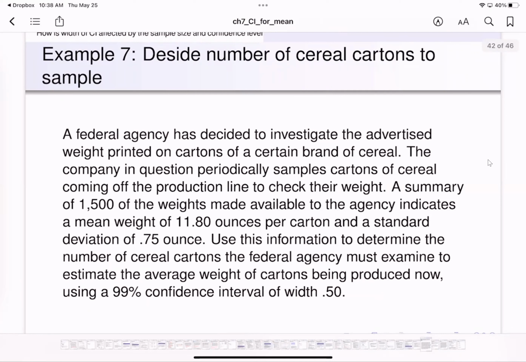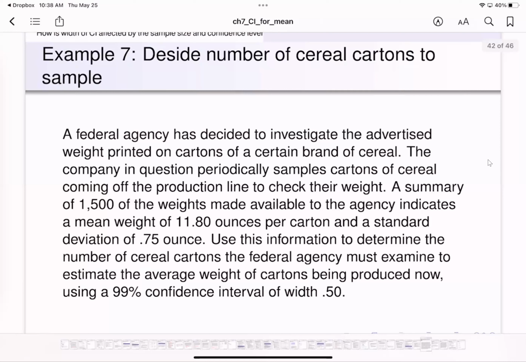The company says that a summary of 1,500 of those cartons becomes available to the agency, and they say that the mean weight is 11.8 and the standard deviation is 0.75. Use this information to determine the number of cartons the federal agency must examine to estimate the average weight of cartons being produced.